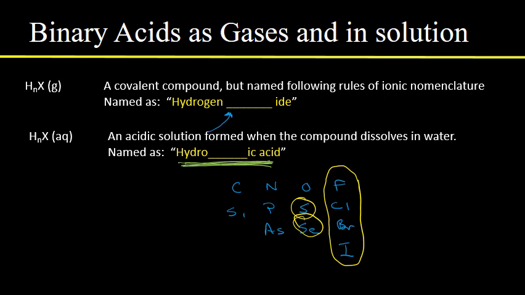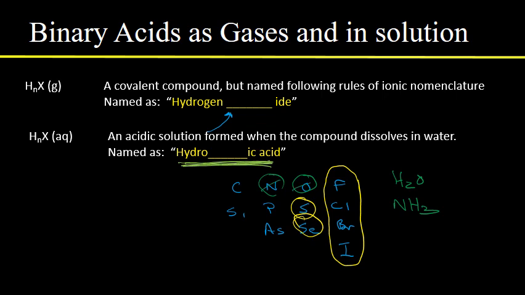But these guys over here, if you do this with oxygen, you get H2O, which in a sense can be considered an acid. But as far as nomenclature is concerned, that's water, so we don't need to worry about nomenclature rules for that one. Same thing is true with this one. If we put hydrogens on nitrogen, we get NH3, which is ammonia, so we don't need to worry about that one.